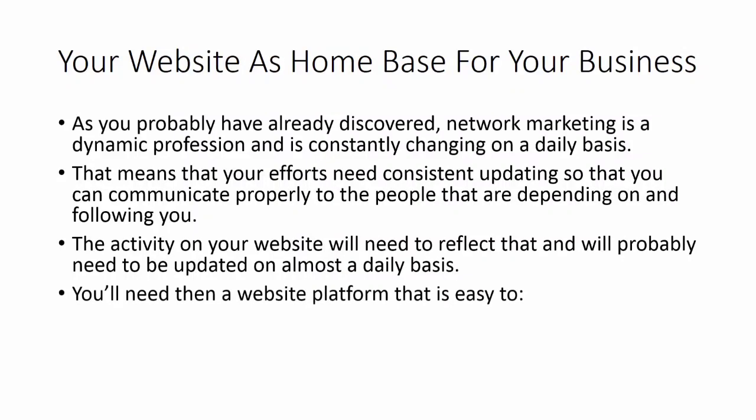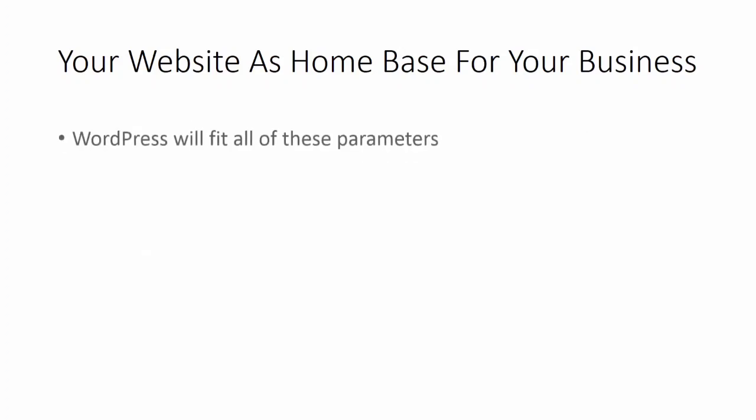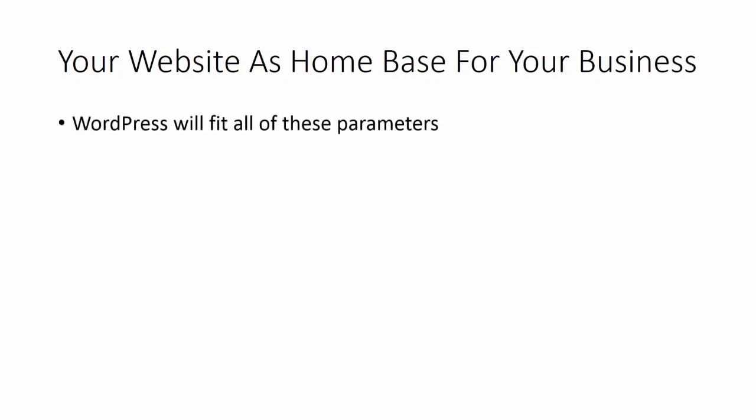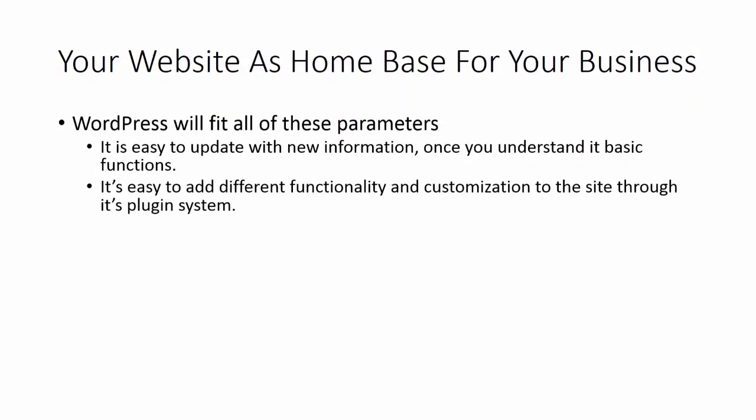You'll need then a website that's easy to apply updated information, apply different functions, and apply different appearances. WordPress will fit all of these parameters. It's easy to update with new information once you understand its basic functions. It's easy to add different functionality and customization to the site through its plugin system.